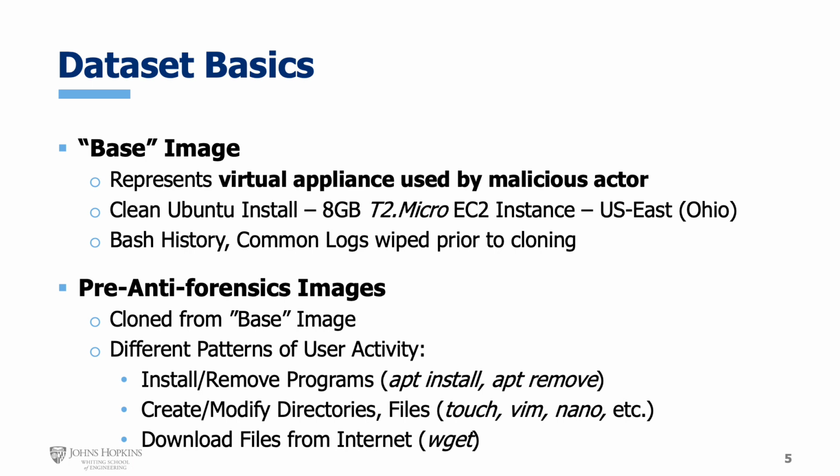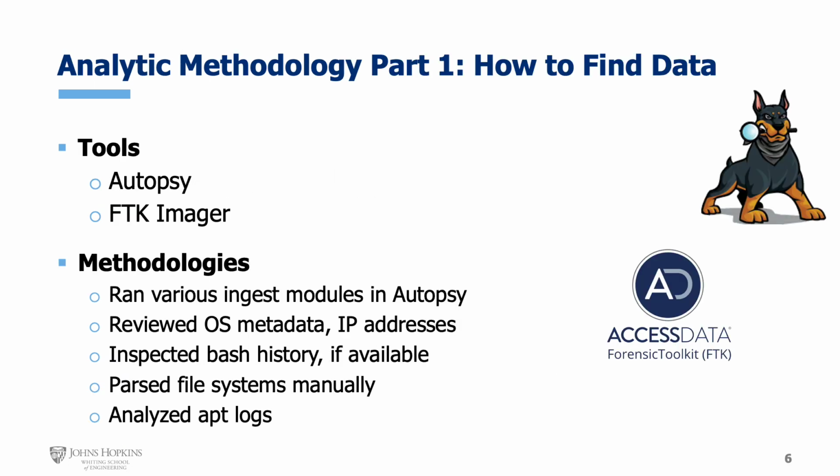After populating each instance with user activity, we imaged each instance. We then conducted anti-forensic activities on each instance, which is detailed in the next section, again keeping records of every action taken. Finally, we re-imaged immediately after anti-forensic activities.